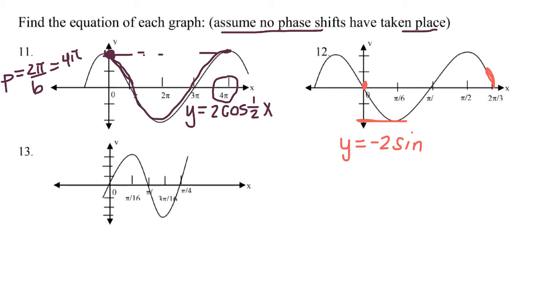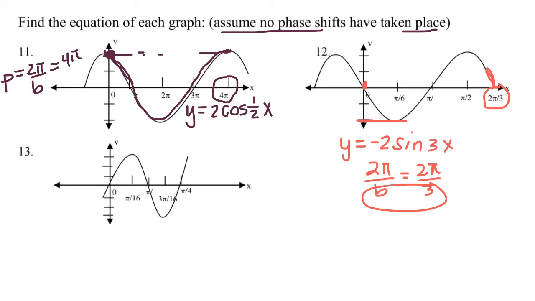So it looks like we're going to start repeating here, doesn't it? So if that's the case, then I know my 2 pi over b has to be equal to 2 pi over 3, so b has to be 3. And there's no phase shifts, and it doesn't look like this has been picked up and moved any which way, so we can just finish this with our 3x.